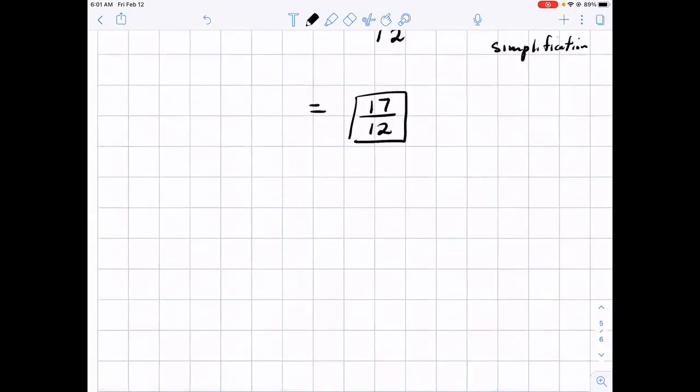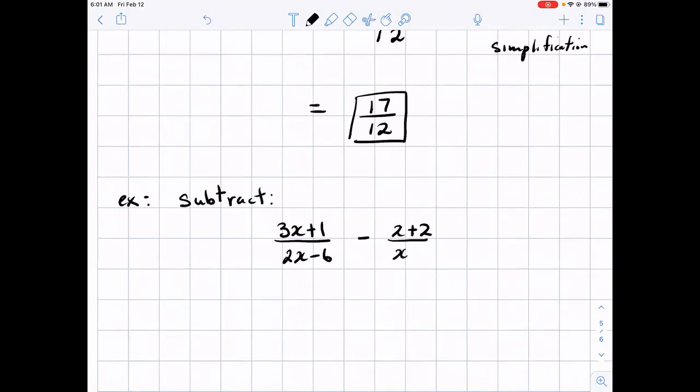So, example, how about if we subtract 3x plus 1 over 2x minus 6 minus x plus 2 over x minus 3.